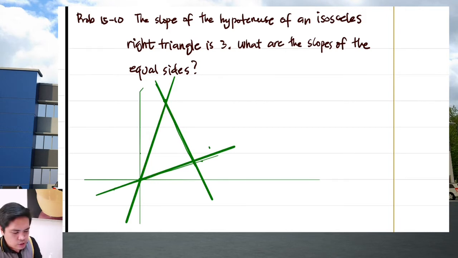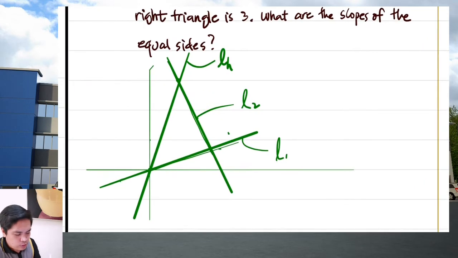So let's call this hypotenuse line LH. Then I'll just call this line 1 and the other one line 2. We can just do that. So line 1 and line 2 should be perpendicular because it's a right triangle.